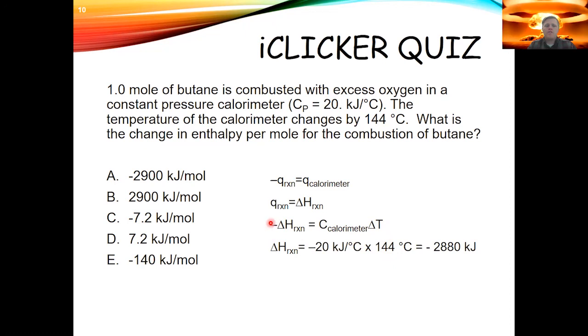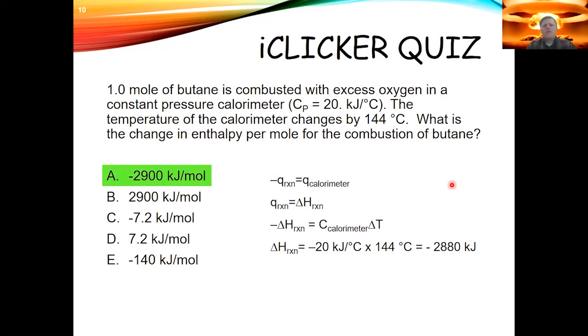Make sure to move the negative sign off of the delta H so that it's on the C delta T here. And our delta H of our reaction is going to be negative 2,880 kilojoules. But we're only starting with 1 mole of this, and our heat capacity is only listed to 2 significant figures, and so our answer can only have 2 significant figures as well.